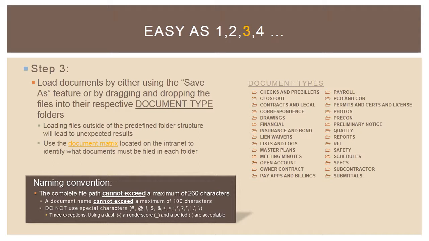The complete file path cannot exceed a maximum of 260 characters. A document name cannot exceed a maximum of 100 characters. Do not use special characters like the pound sign, at sign, exclamation point, dollar sign, ampersand sign, or asterisks. There are 3 exceptions: a dash, an underscore, and a period are acceptable.